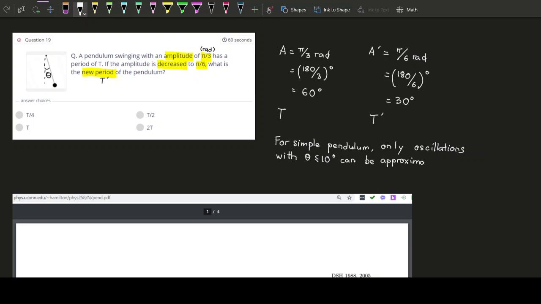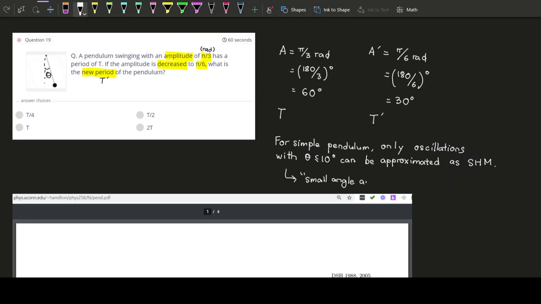If you go more than 10 degree, then we will not consider it as SHM. Why? Because in your derivation, you apply something called the small angle approximation.